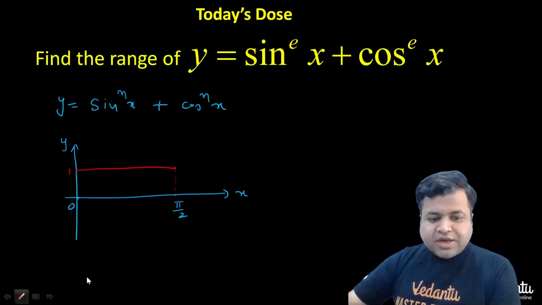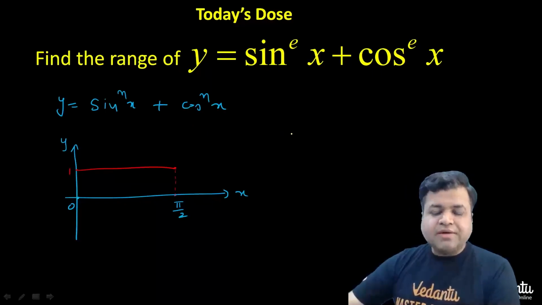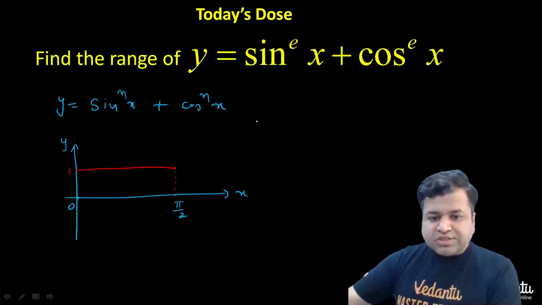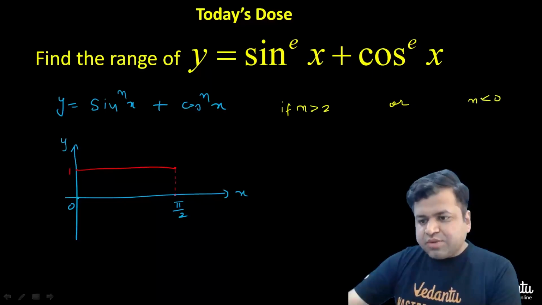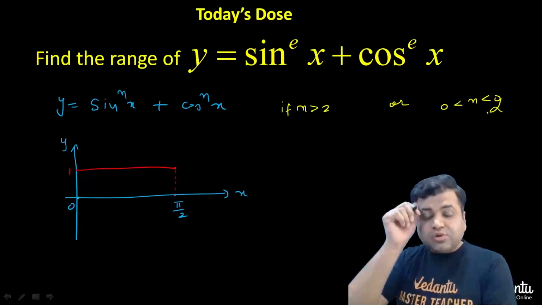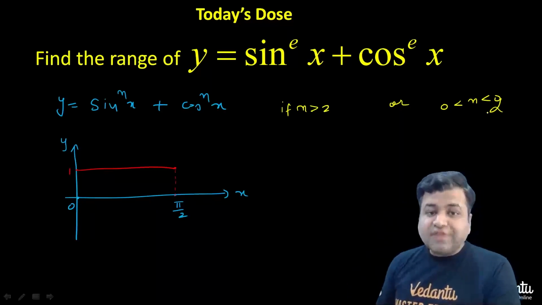Now, if you consider any other power of sin x and cos x, that is, any other value of n, we will make two cases: when n is greater than 2, or when n is less than 2 but greater than 0. Why are we considering greater than 0? Because if n is less than 0, then sin x and cos x will have negative power.